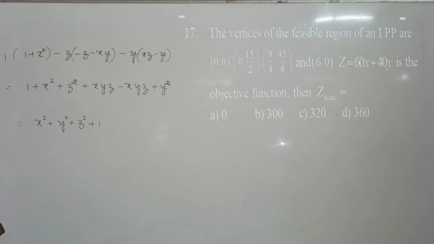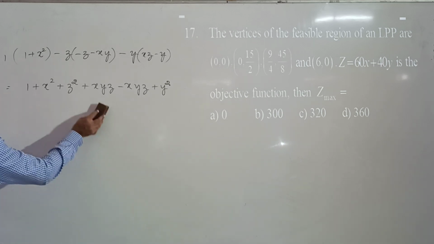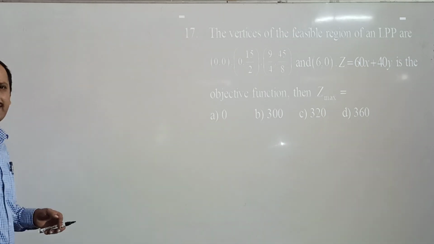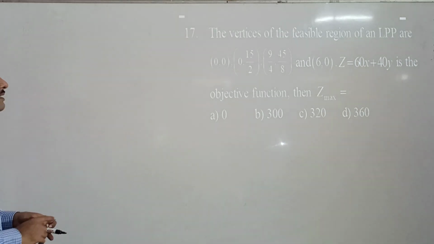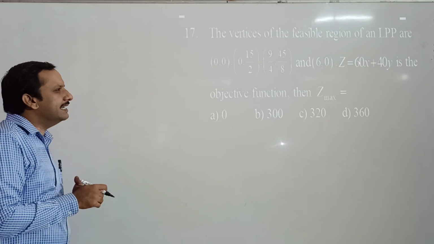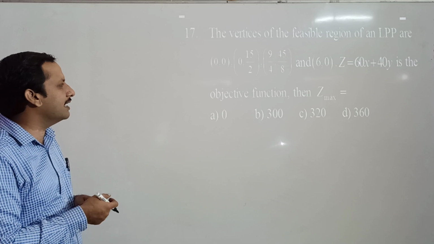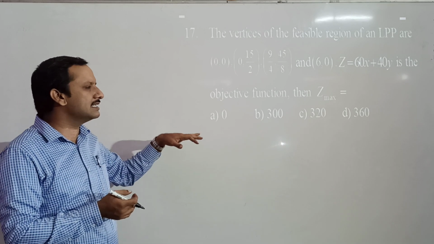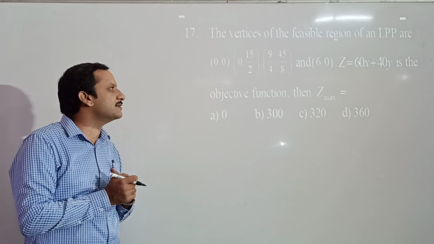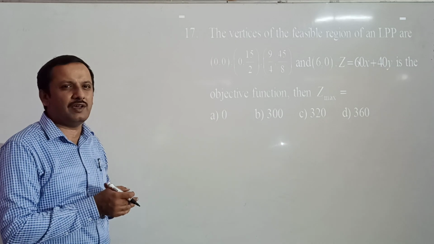Okay. Then next question, 17th one. The vertices of the feasible region of an LPP are. So 4 vertices they are given. The objective function is z is equal to 60x plus 40y. Then the z max. So when this z attains its maximum at which point, or what is the maximum value?